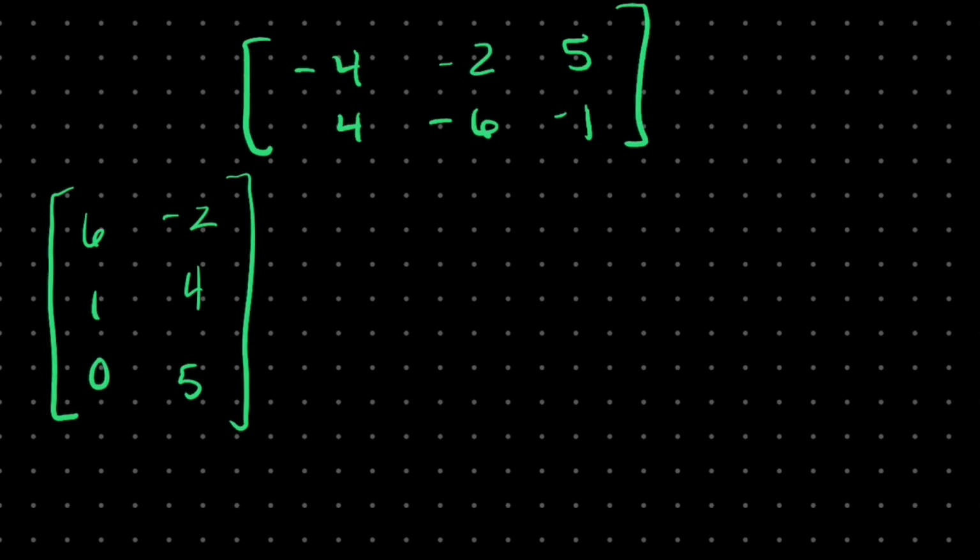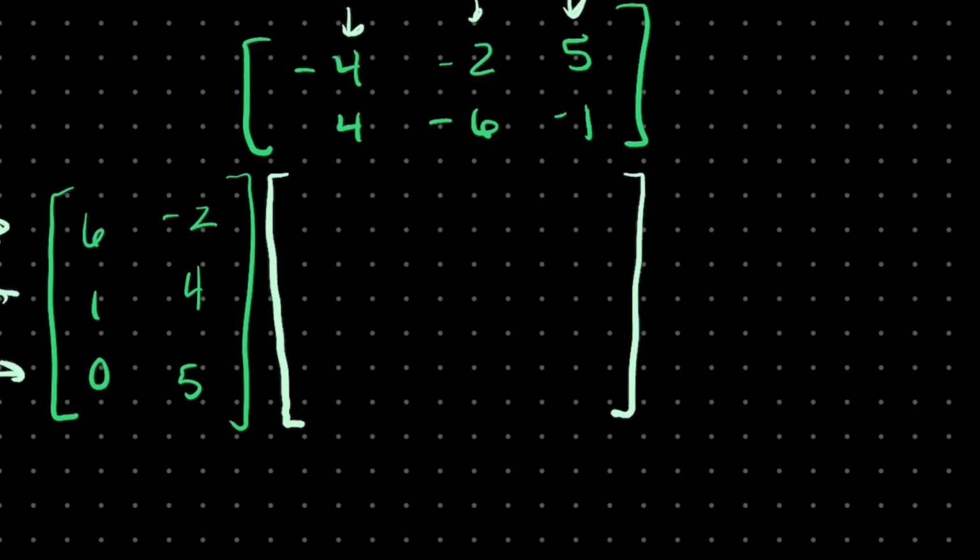And then the resulting matrix goes right here. And we can see it's going to have 1, 2, 3 rows and 1, 2, 3 columns. So that's how we can see that it's a 3 by 3. And that comes from the fact that there are 3 rows in the first one and 3 columns in the second one. Okay, and then this helps her determine which rows and columns she used to find things.